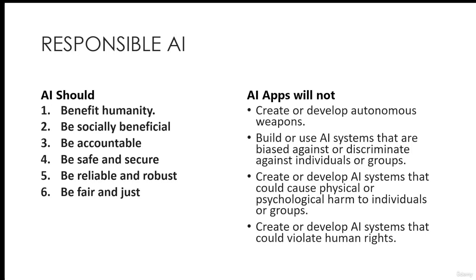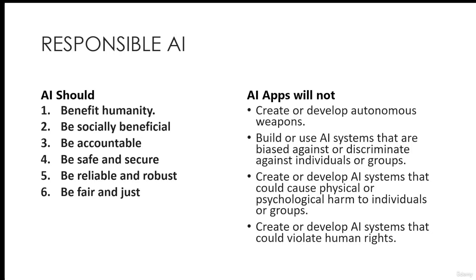The next one is build or use AI systems that are biased or discriminate against individual groups. And the next one is create or develop systems that could cause physical or psychological harm to individuals or groups. Then create or develop AI systems that could violate human rights.